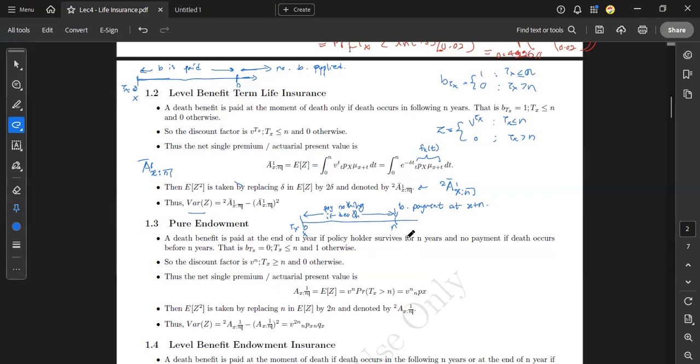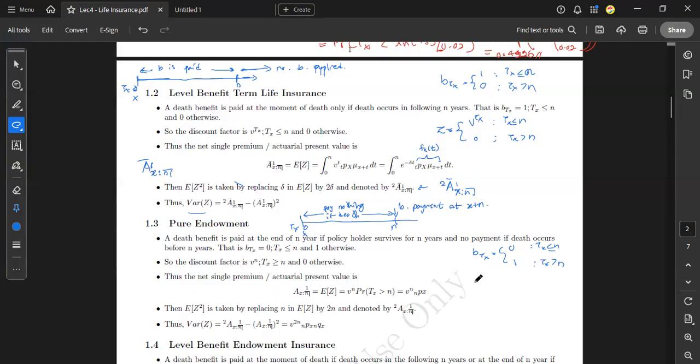So that means the benefit payment is like this. The benefit function is 0 for Tx less than or equal to n, and 1 for Tx greater than n. So this is the opposite of this level benefit function.